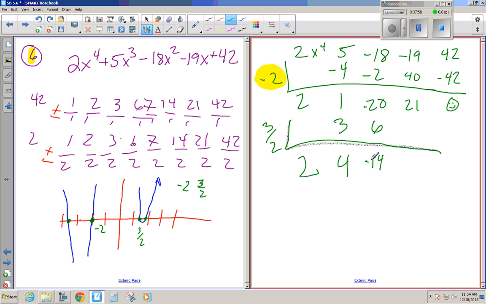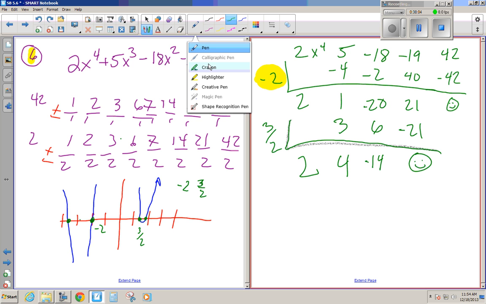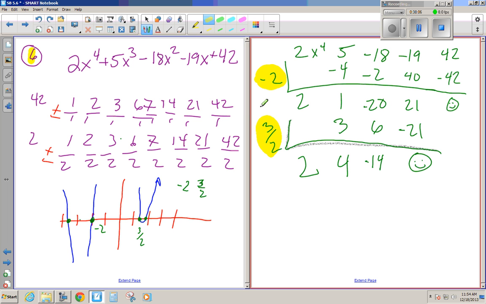And then 14. That's -21 and 0. Happy face. So what we did was we right away found our zeros by graphing and made sure they were zeros by synthetic division. And now have 2x squared plus 4x minus 14.